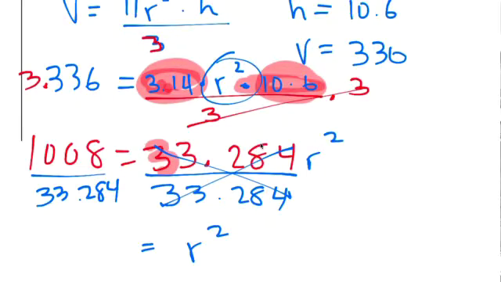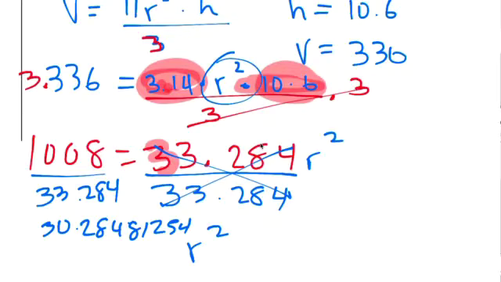Hold on a second. Oh gosh. 1008 divided by 33.284, and we get 30.2848124.